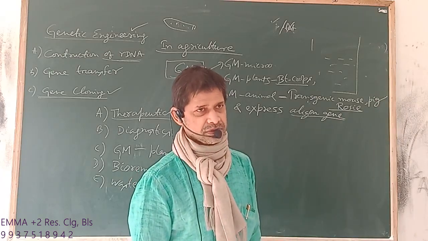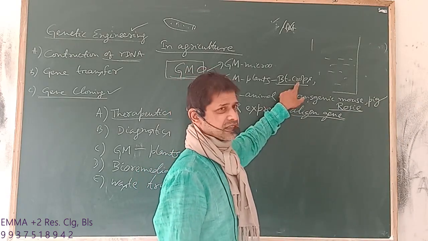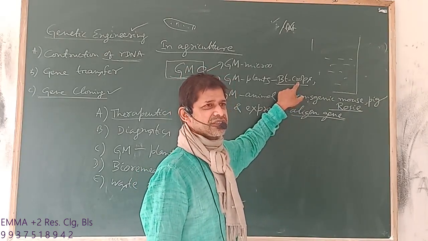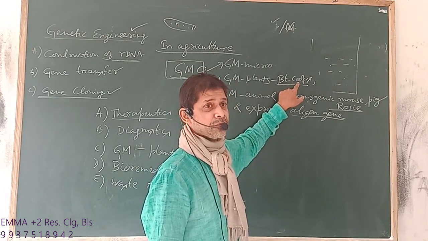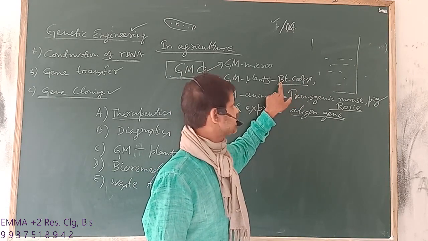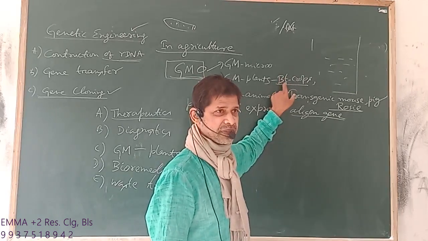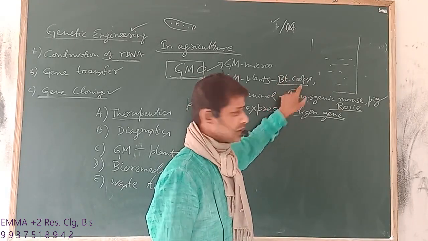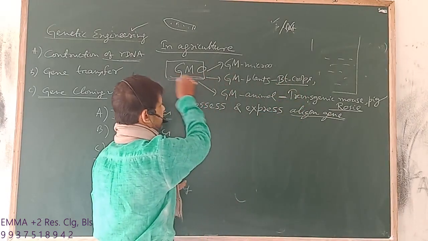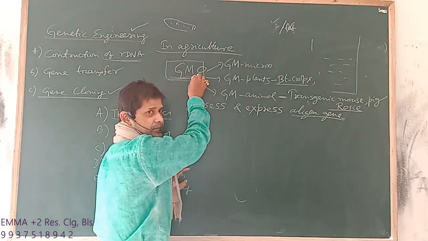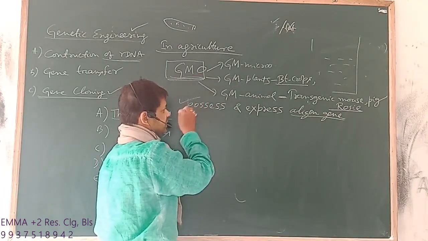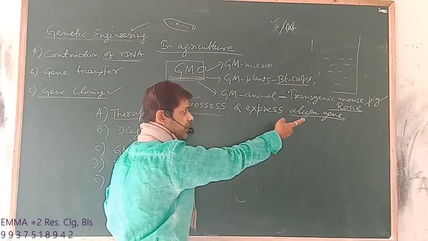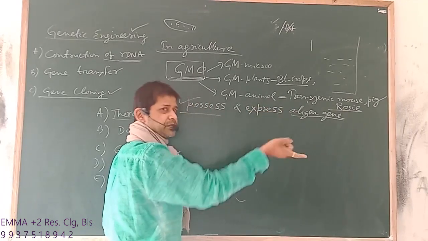So many crops. These plants interestingly contain a gene from a bacteria, Bacillus thuringiensis. That's why BT crop. That means any GM organism possesses a foreign gene, and that foreign gene is getting expressed also.